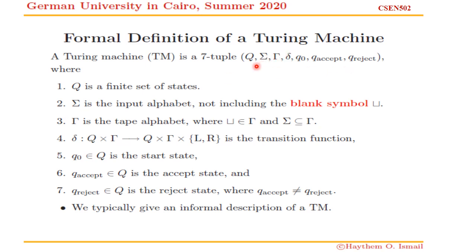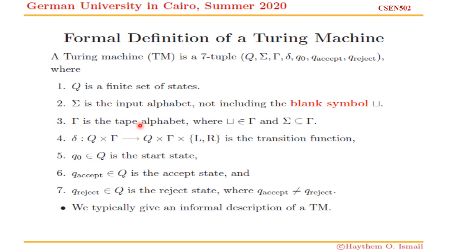Basically, this is the set of symbols that can appear on the tape as input initially when you start the Turing machine. And this alphabet does not contain the special blank symbol, because sometimes we need to know where the input ends, as we saw in the previous example. So you'll know that when you see the blank, which fills the rest of the tape cells that are not filled by the input.